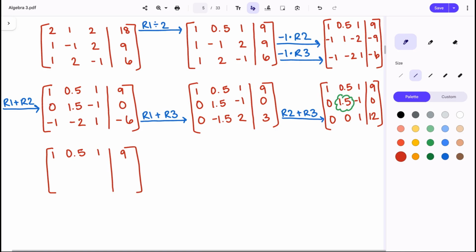I'm going to take row 2 and I'm going to divide by 1.5. So this would be 0, 1. What's negative 1 divided by 1.5?